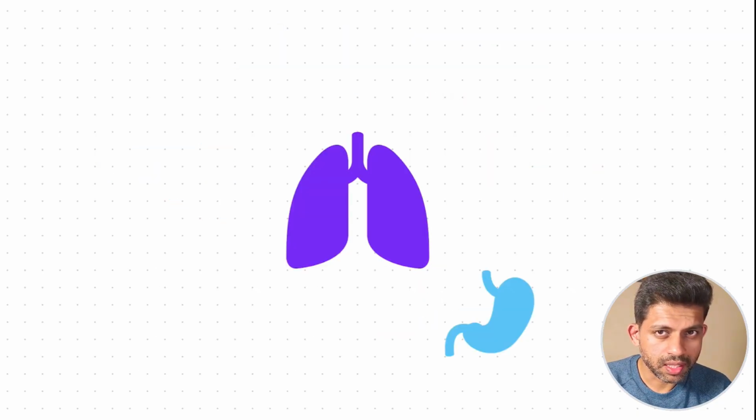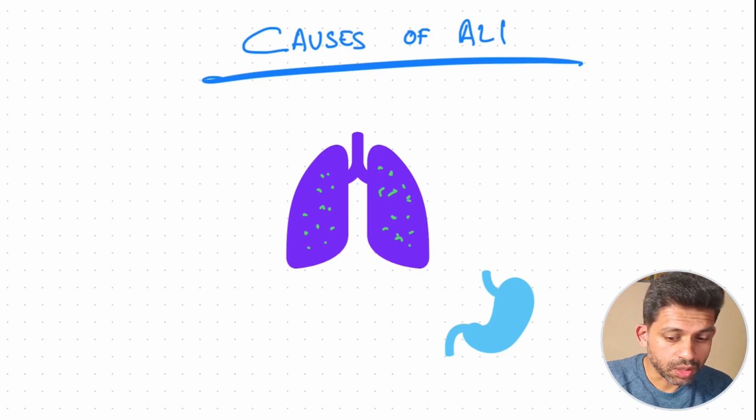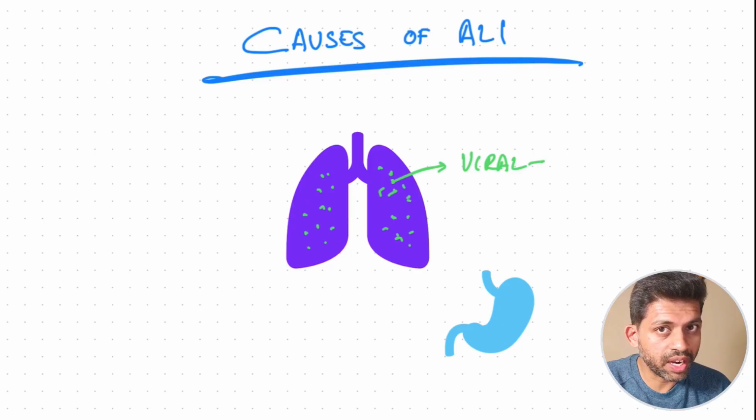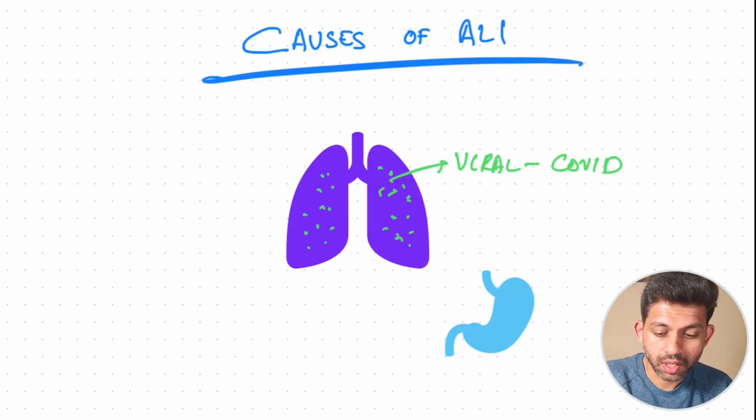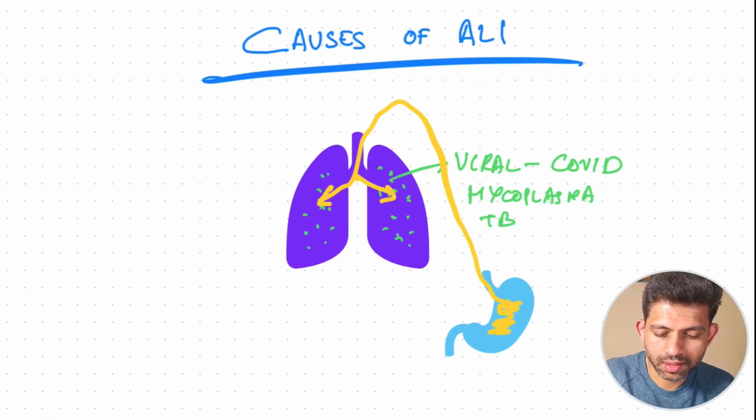Before we understand the mechanism, we need to look at the triggers or causes of acute lung injury. For ease of understanding, they can be grouped as direct and indirect. Among direct causes, lung infections are the most common ones. They can be viral, which includes the notorious COVID pandemic which occurred recently, mycoplasma, tuberculosis, etc. Aspiration of stomach contents is another cause.